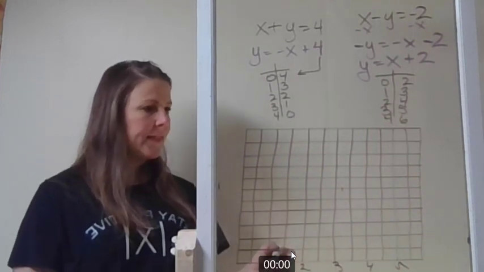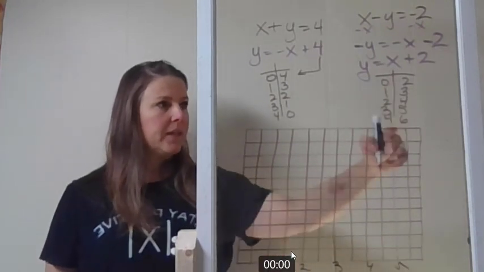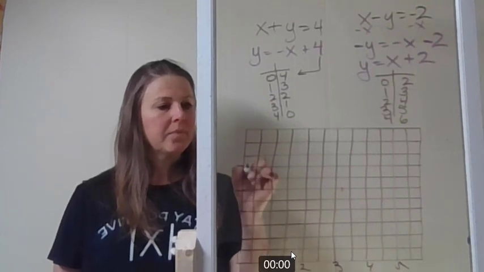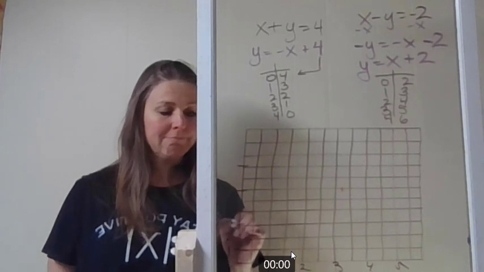So if we plot these both, then we need to go up to 6 on the y-axis. So I'm just going to count by ones because I don't have room.